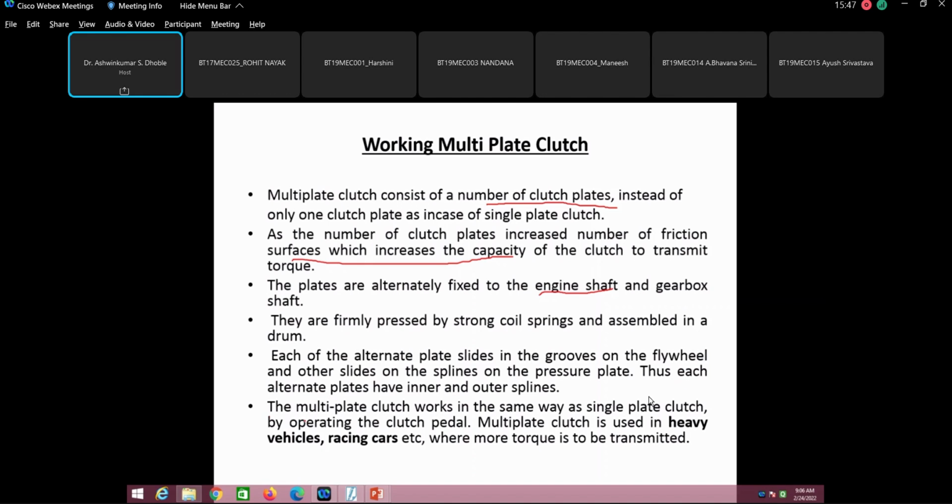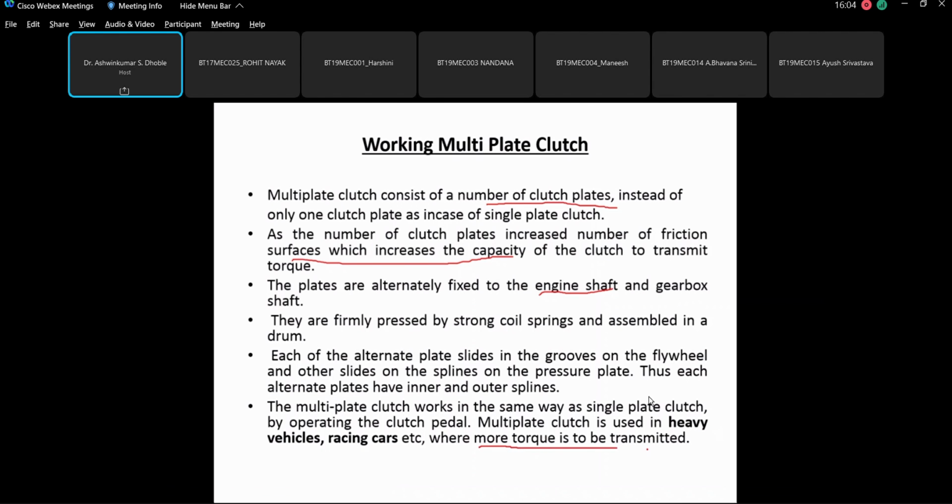The multi-plate clutch works in the same way as the single plate clutch, by operating the clutch pedal. A multiple plate clutch is used in heavy vehicles, racing cars, etc., for more torque transmission. The logic is almost the same as the single plate clutch. The only thing is that you increase the number of frictional surfaces so that you can increase the torque transmission.